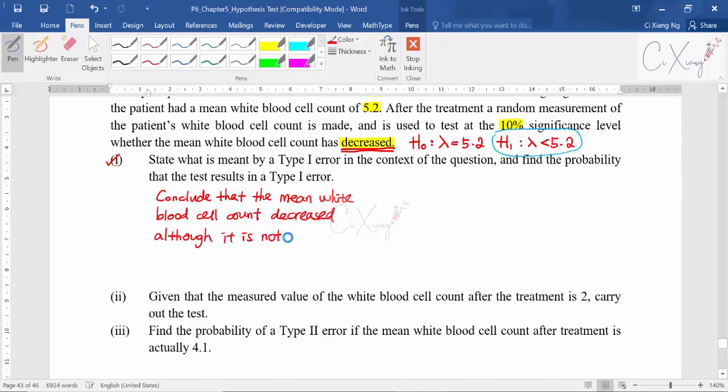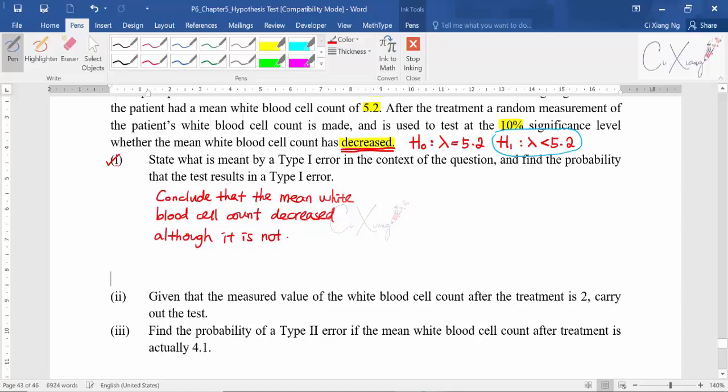So when the null hypothesis is true, it means that although in fact the white blood cell count has not decreased, we conclude that the cell count has decreased. All right, so this is what we have for the type 1 error in the context of the question.